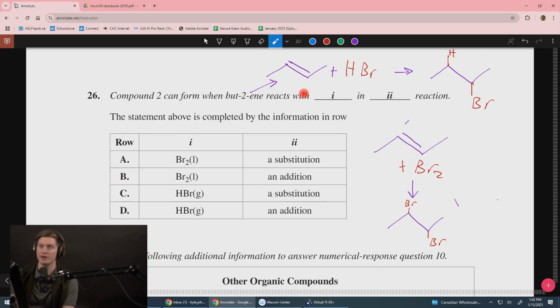You're adding to an alkene. It's not a substitution. A substitution reaction, you would be looking out for a second product. So you'd usually have 2 reactants, 2 products, and then you flip a functional group from your reactants to each other. But because you have 2 reactants in a single product, then this is an addition, and what's adding on either side of the double bond is a hydrogen and then a bromine. So D is our answer here.